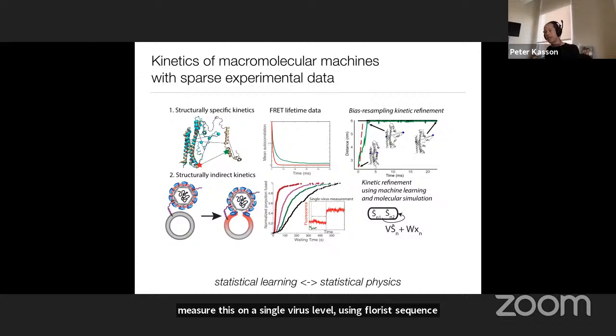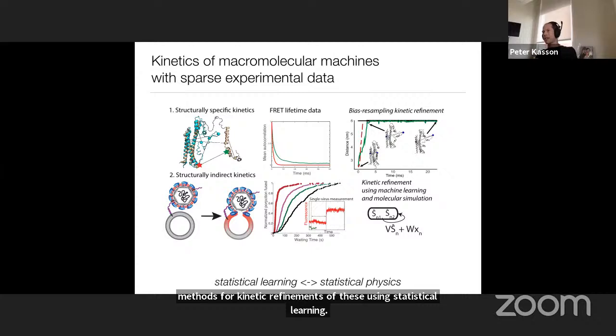And so then we get fluorescence signals that reflect a state change in the biological process, but are not trivially assignable to specific molecular states. And we're working on actively developing methods for kinetic refinement of these using statistical learning, also using some physics-based methods.